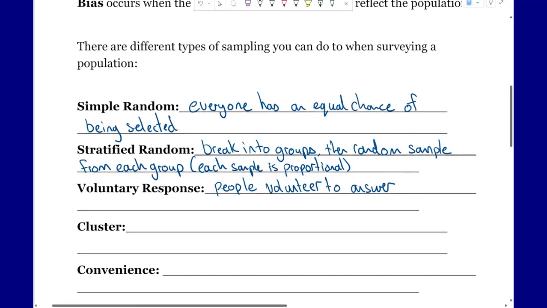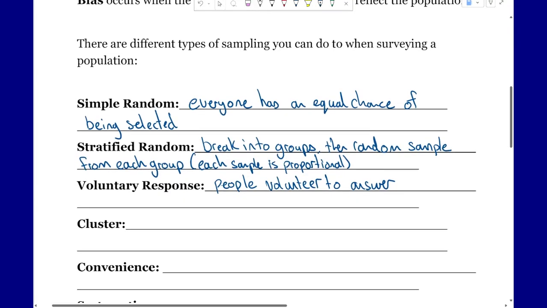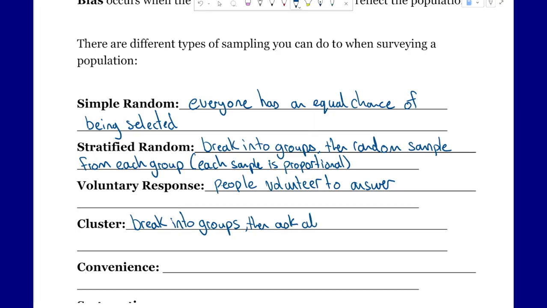Cluster sampling. In a cluster sample, you break your sample or population into groups, then ask all individuals in a random group.